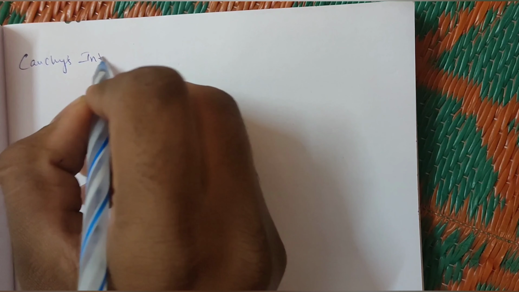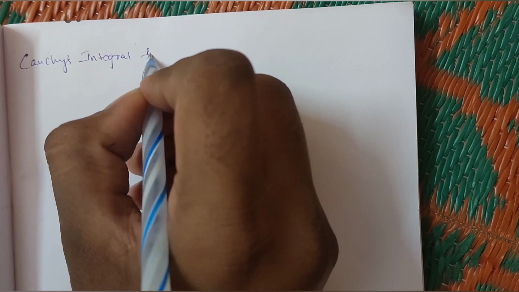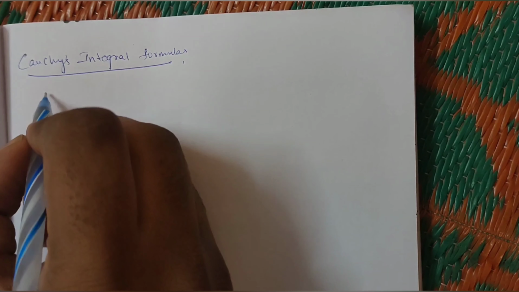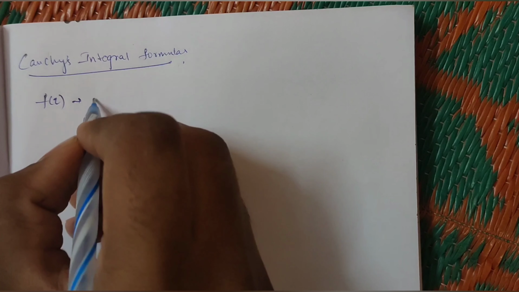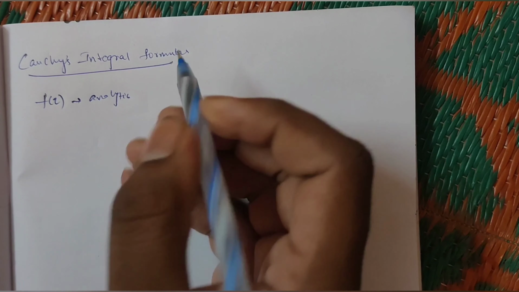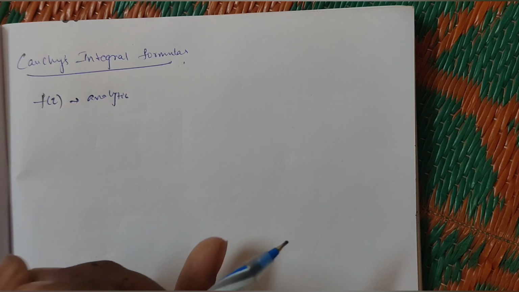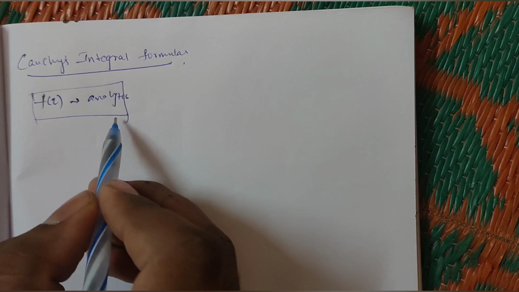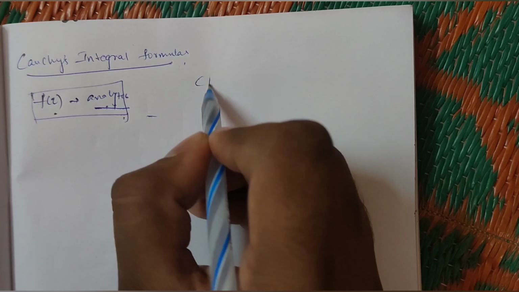The common thing to satisfy every theorem in complex integration is that your complex function f of z should definitely be analytic. For a function to be analytic, it should follow the CR equations.